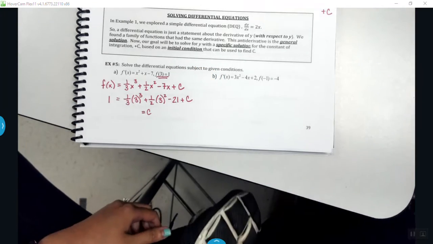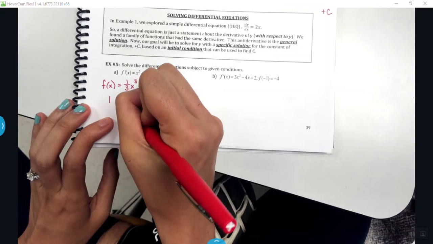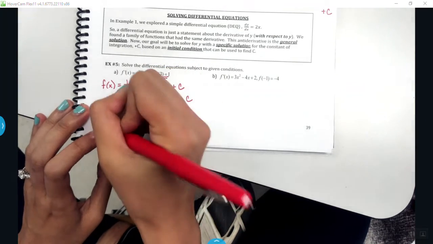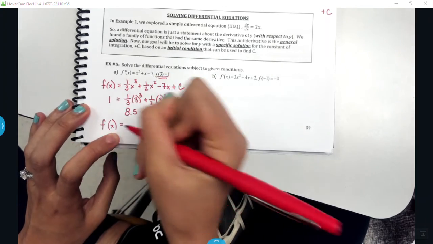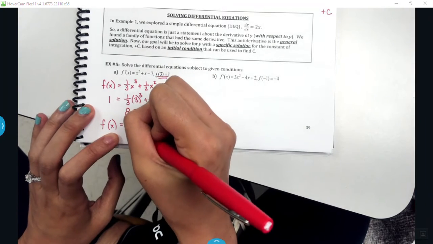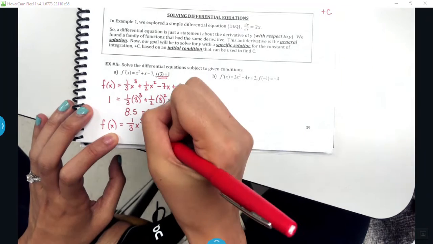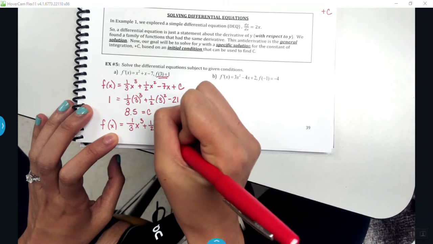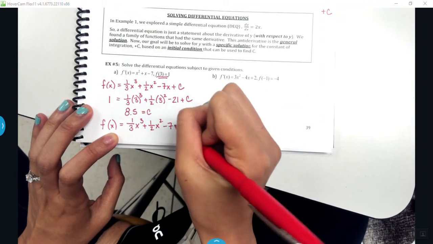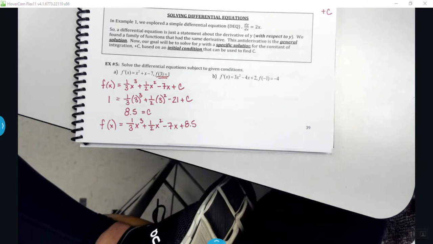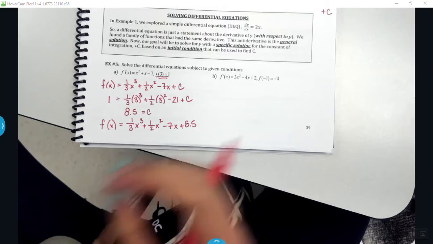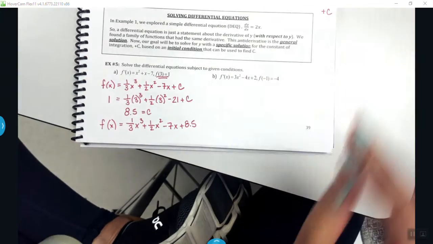And then solve for c. You get 8.5 for this one. So your original equation, now you have your constant: 1/3 x cubed plus 1/2 x squared minus 7x plus 8.5. And then you have your whole function, including your constant.